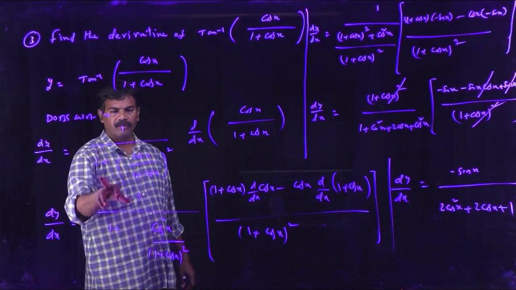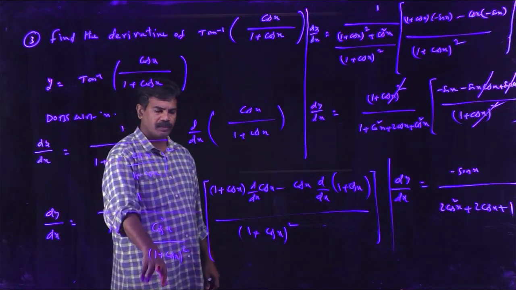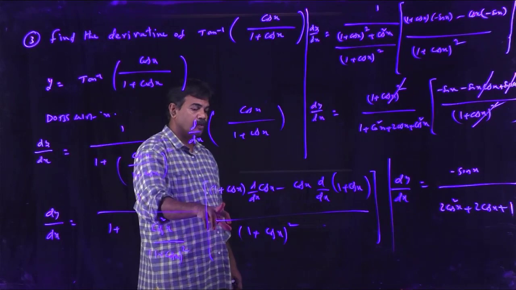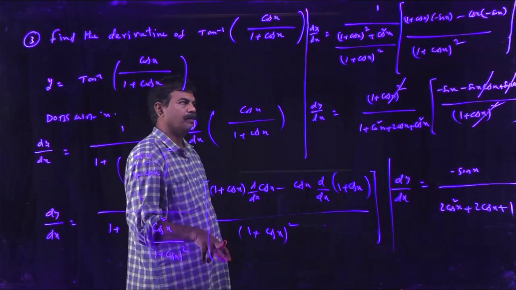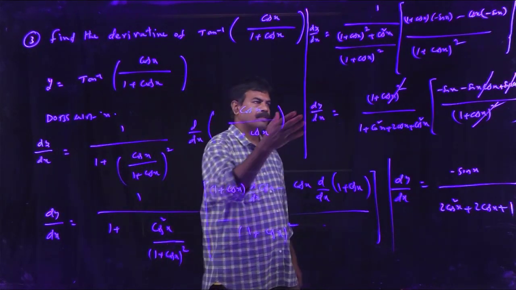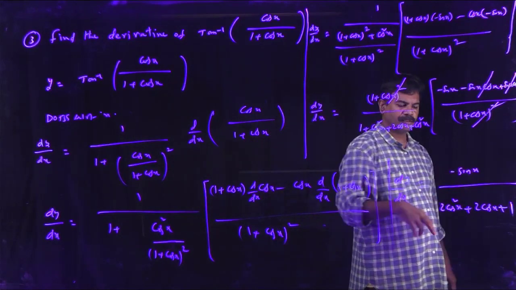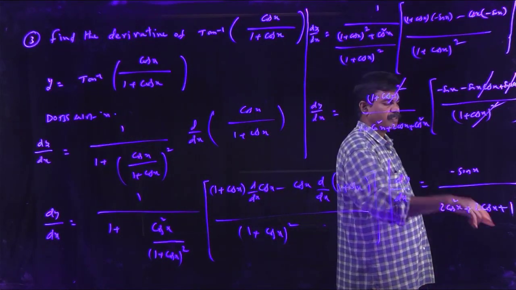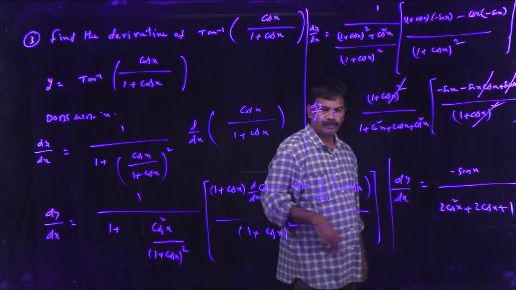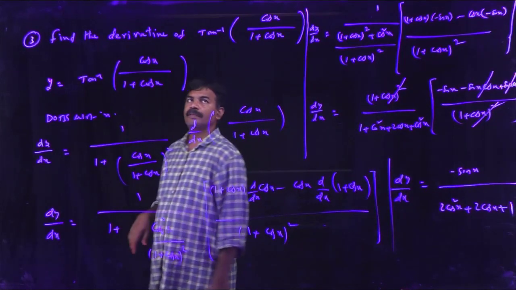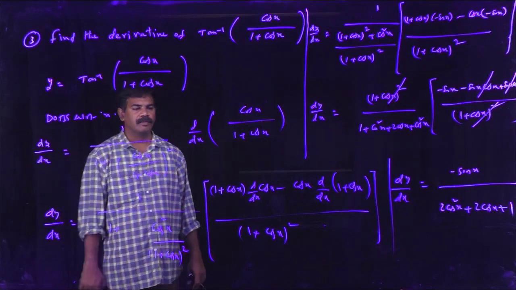After that 1 plus numerator square by denominator square. Then we apply the u by v formula. After simplification, finally we get dy by dx is equal to minus sin x by 2 cos square x plus 2 cos x plus 1. This is the derivative of tan inverse of cos x by 1 plus cos x.